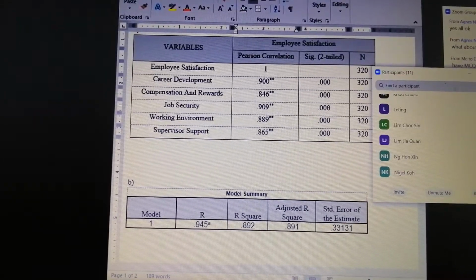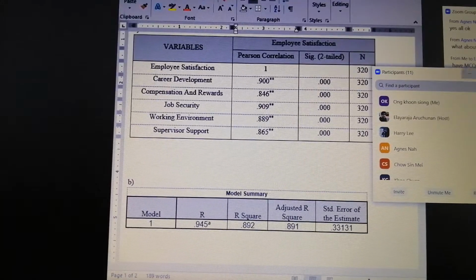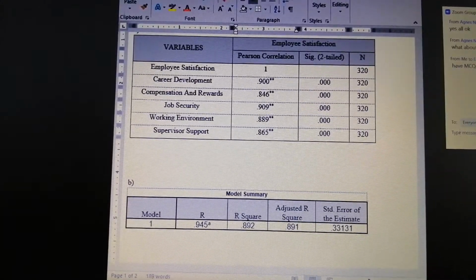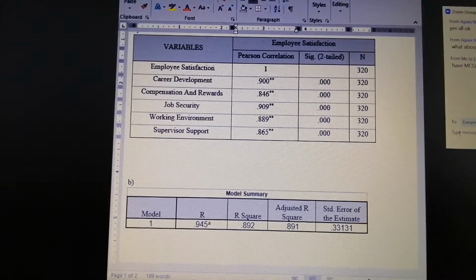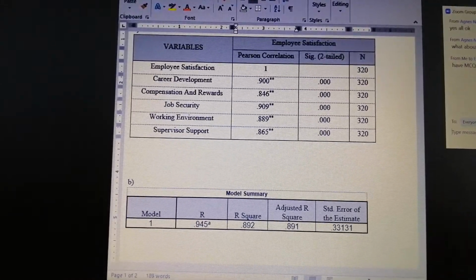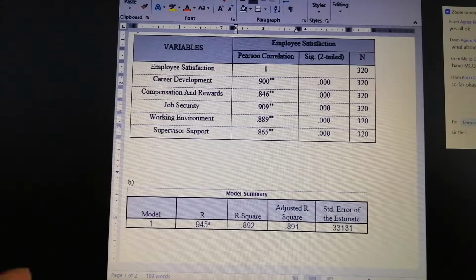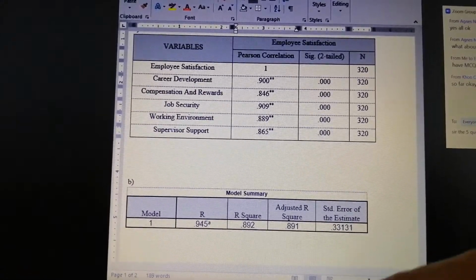Harry, any question? Agnes, Cho Sin Mei, Hu Chuan, Lim Jo Kwan, Nigel Ko, Ung On Sin, Lim Chor Sin.